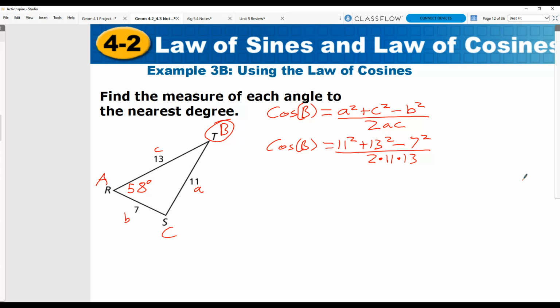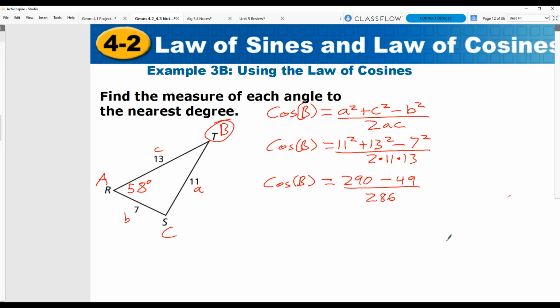Now it's just a matter of doing some calculating. So we have 11 squared plus 13 squared will get us 290, minus 49, all over top of 2 times 11 times 13, which is going to get us 286.